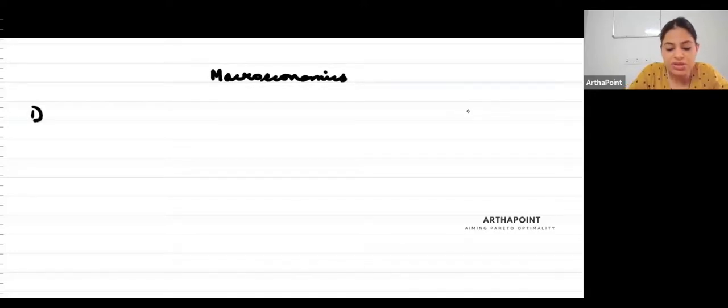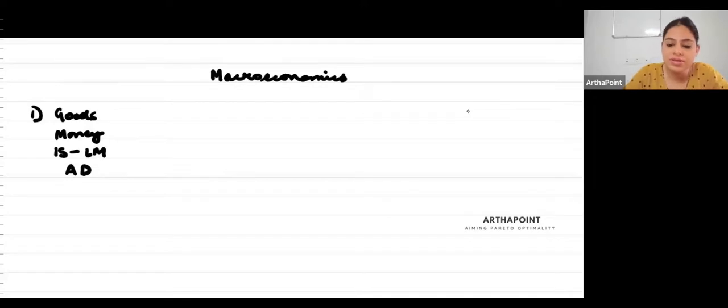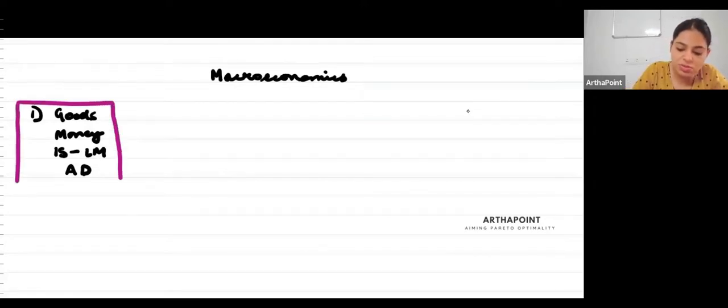First is the goods market, money market, ISLM curve, and the derivation of the AD curve. This is the first chunk of macroeconomics. This is what we have now completed.